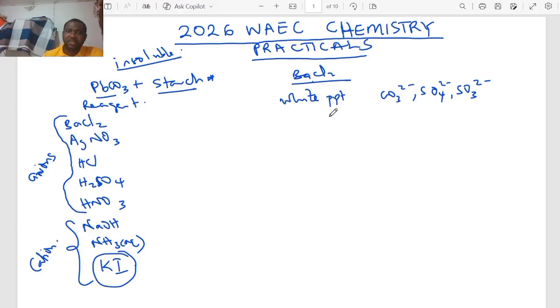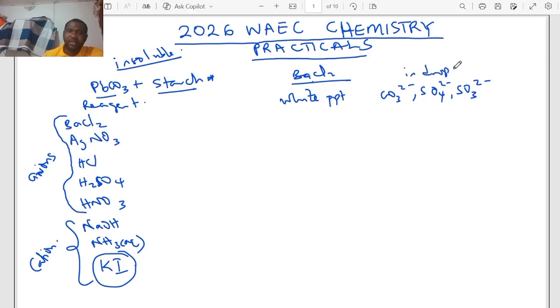Now this is in drops. If you add barium chloride in excess and the precipitate dissolves, in this case it is not going to dissolve. The reason I know it's not going to dissolve is that carbonate does not dissolve in excess barium chloride.